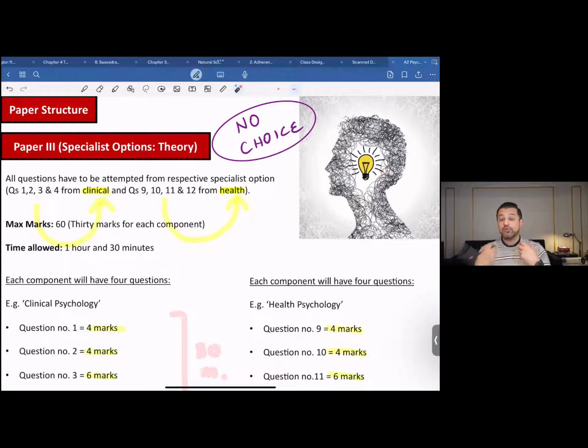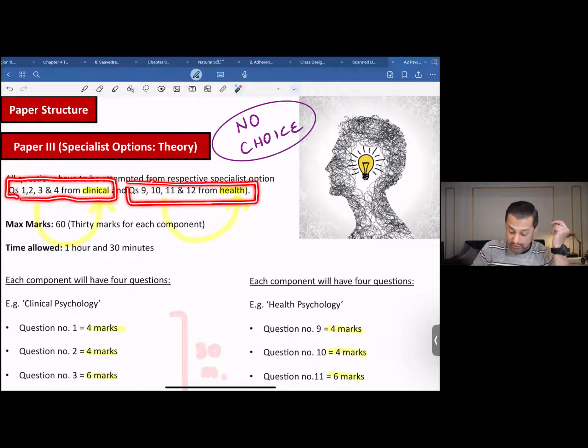You need to cater to other aspects, such as analyzing, evaluating, and applying it as well. So there are 2 components that you need to prepare for. And when you have a look at your paper, you'd see that you have questions 1, 2, 3, and 4 based on clinical psychology, and then questions 9, 10, 11, 12 for health psychology.